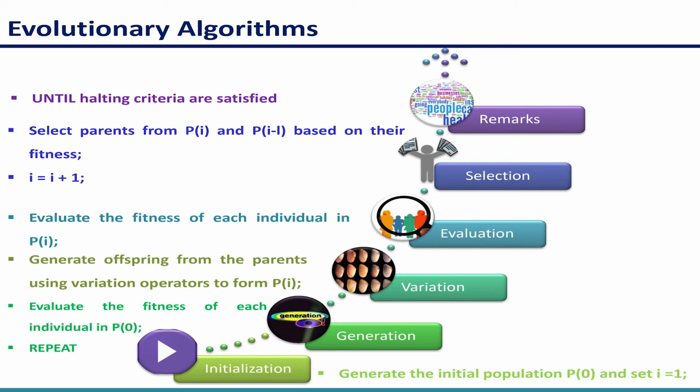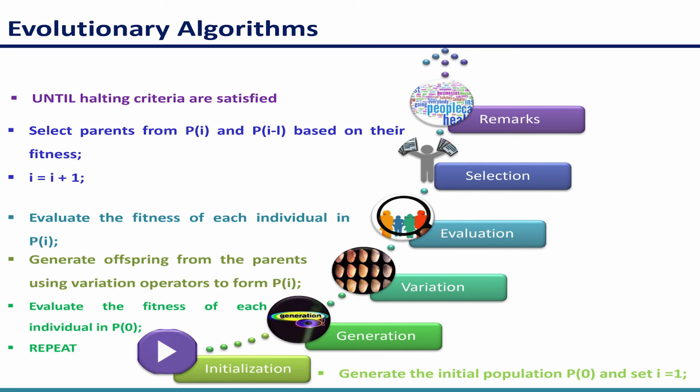Third, variation. Variation generates offspring from the parents using variation operators to form population Pi, and that way the population i can be changed.